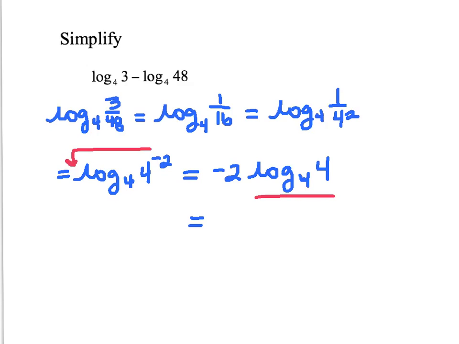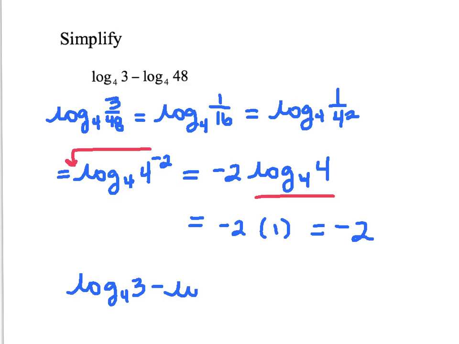So I can now write my expression as negative 2 times 1, and so my value is equal to negative 2. The expression log base 4 of 3 minus log base 4 of 48 can actually be simplified to be negative 2.